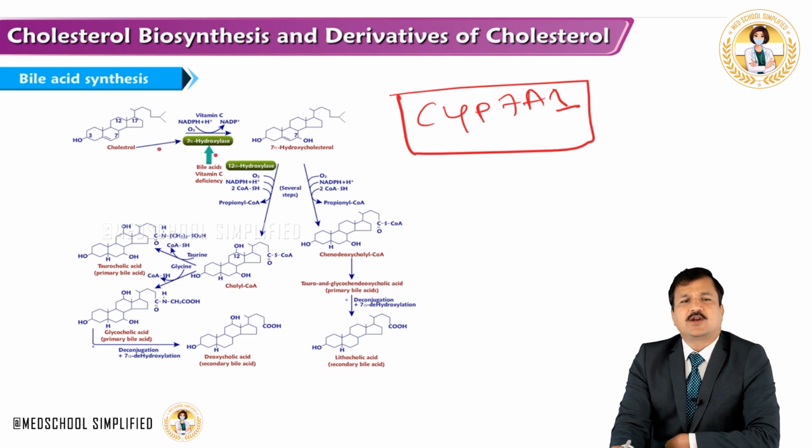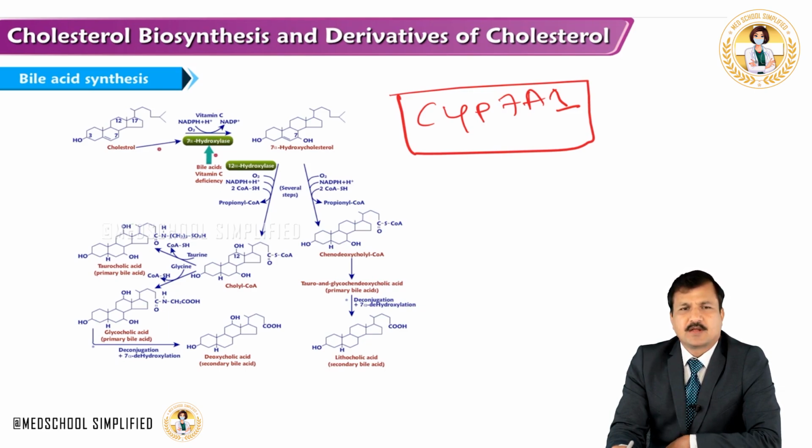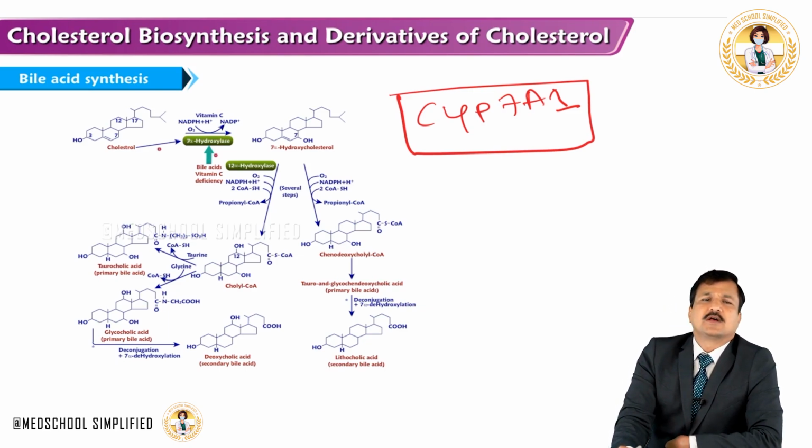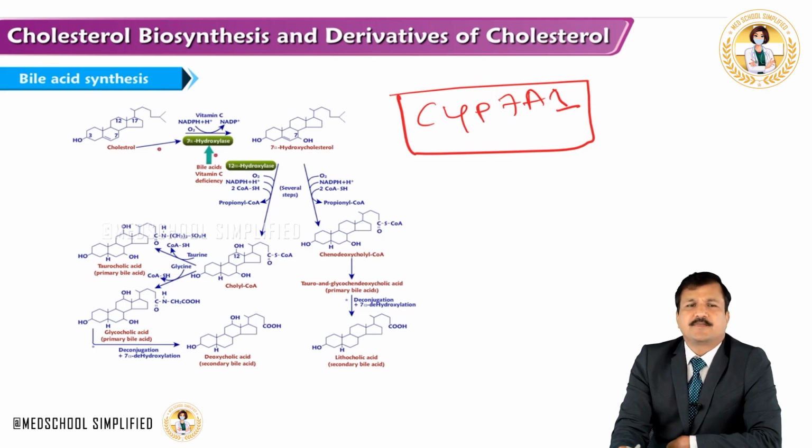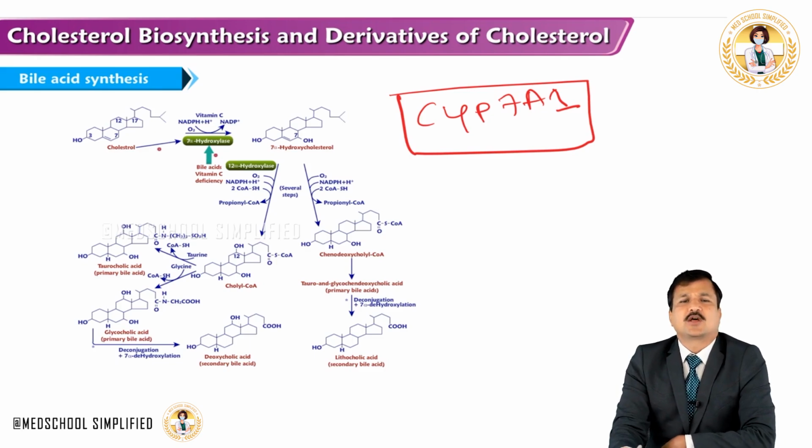Now the 7-alpha hydroxylase enzyme, as shown here in the figure, needs vitamin C as a coenzyme, and it is a reductive biosynthesis here. That's why it needs NADPH plus H plus as the reductant, and since it's a monooxygenase system of enzyme, it needs molecular oxygen here.